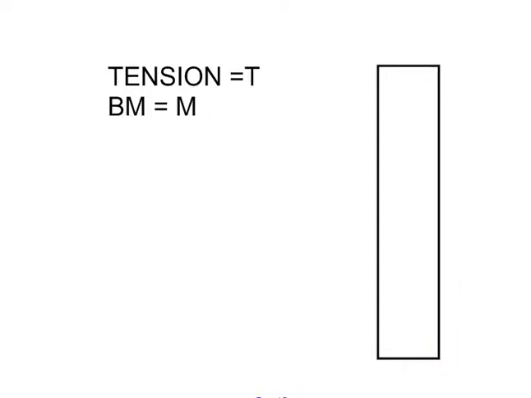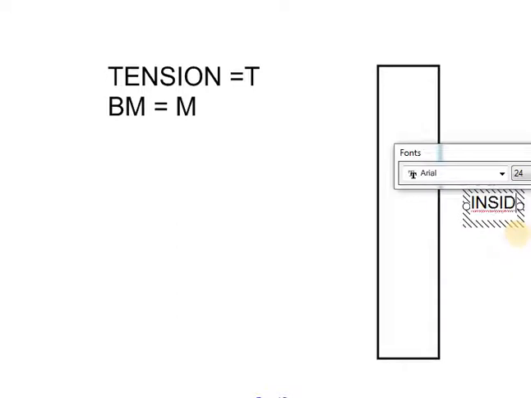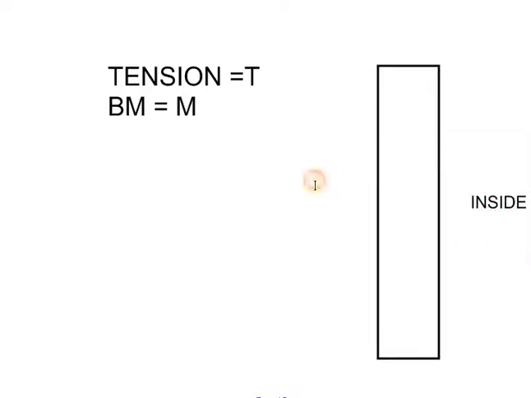This is your inner side, inside, because water pressure is from the inside, right? So the inside wall will be subjected to all these things actually. So we will be providing a reinforcement here.